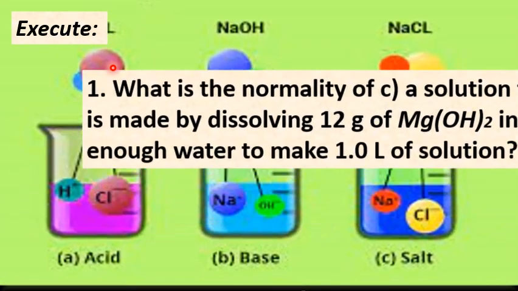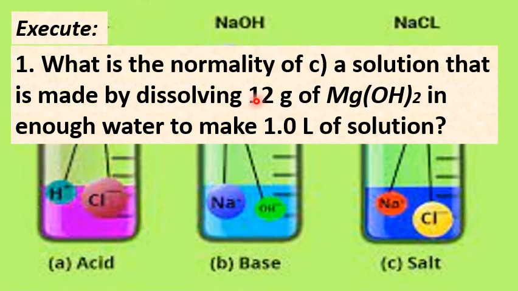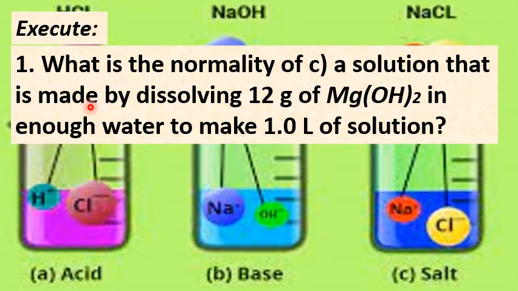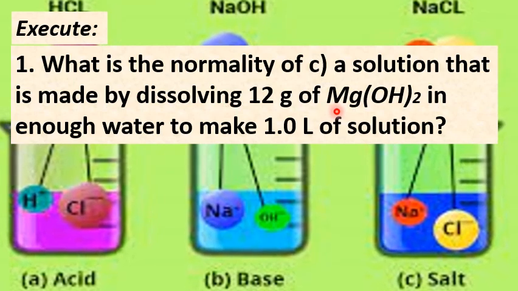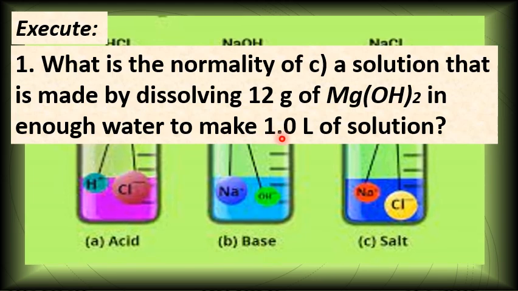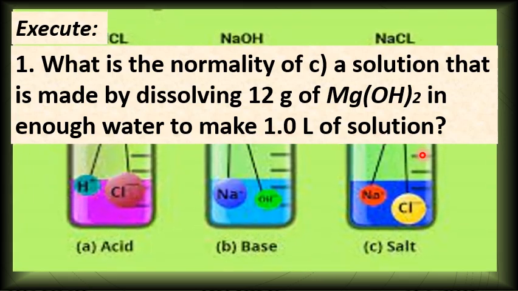For our question number 1, letter C, what is the normality of a solution that is made by dissolving 12 grams of magnesium hydroxide in enough water to make 1.0 liter of the solution?